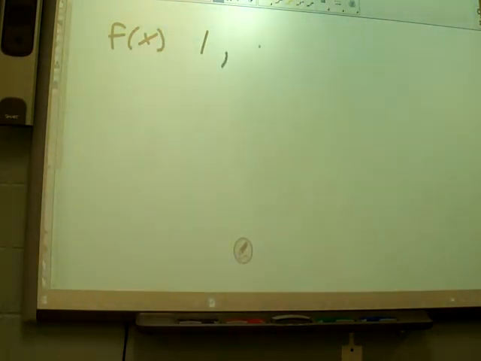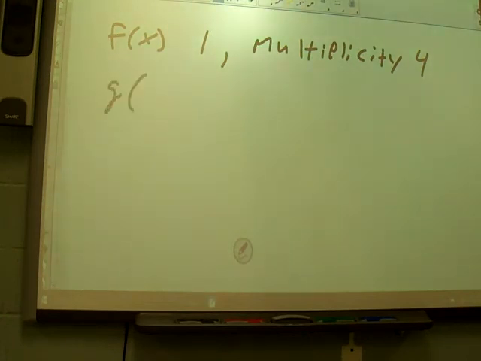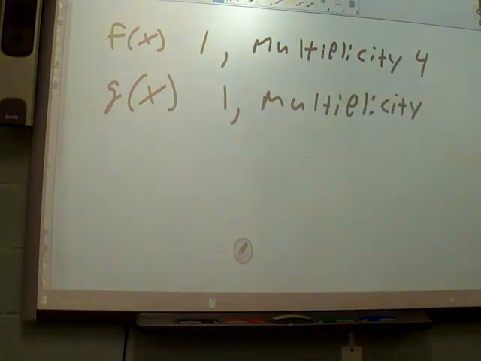So it has 1 0 with a multiplicity of 4. The same with g of x: it has 1 0 with a multiplicity of 4.